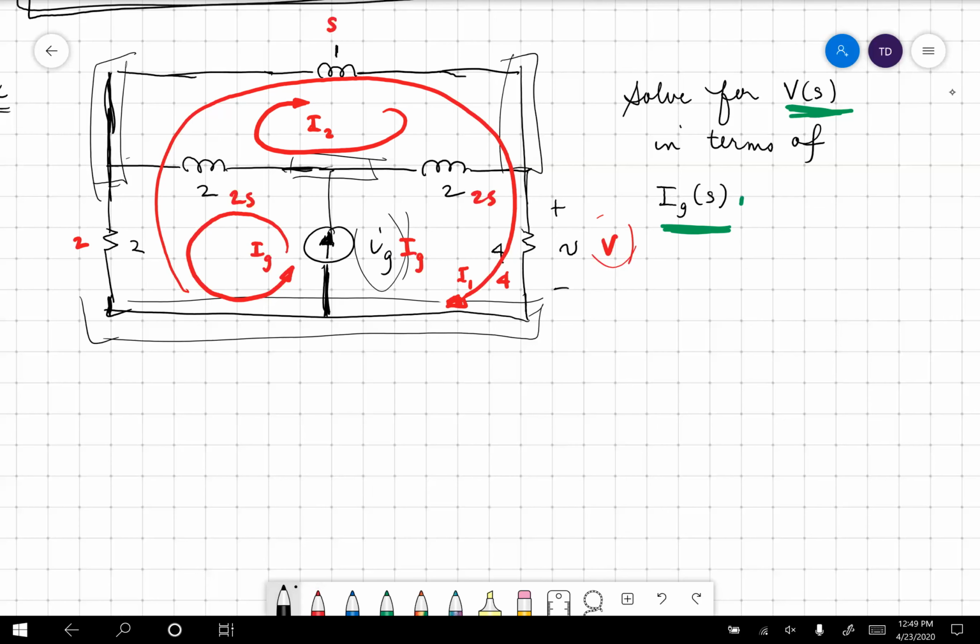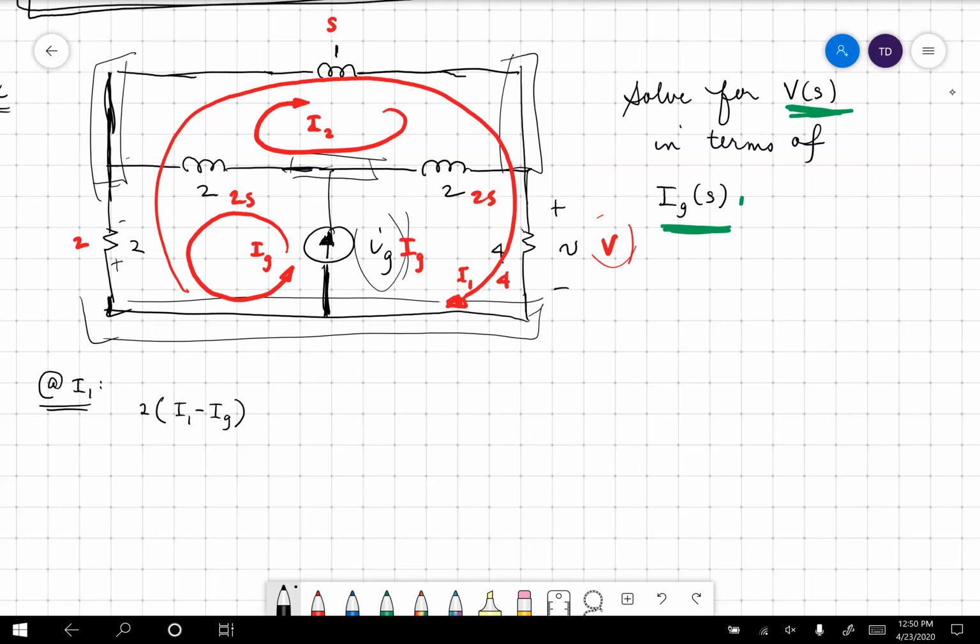And so now we're going to write our equations. Around I1, let's start with I1. We're going to be careful of all directions. Look at how IG goes. IG comes down, I1 goes up through this 2 ohm resistor, so it's 2 times I1 minus IG. That was this voltage right there.